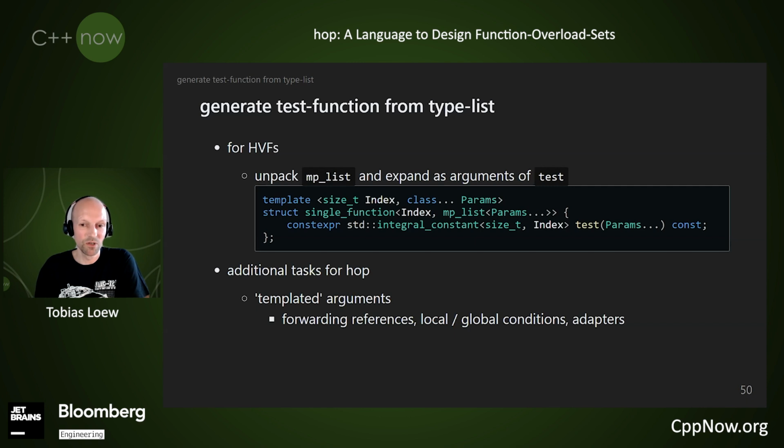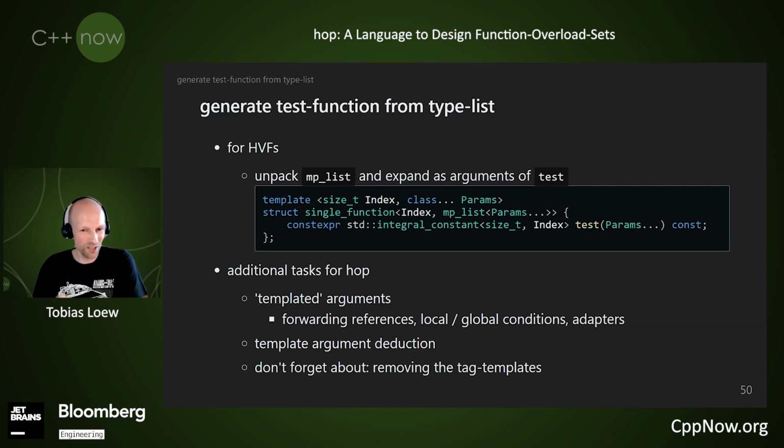We also have to respect local and global SFINAE conditions, and call adapters when they are adapted functions. We have to do template argument deduction. And finally, we must not forget to remove the tag types from the inner C++ types.